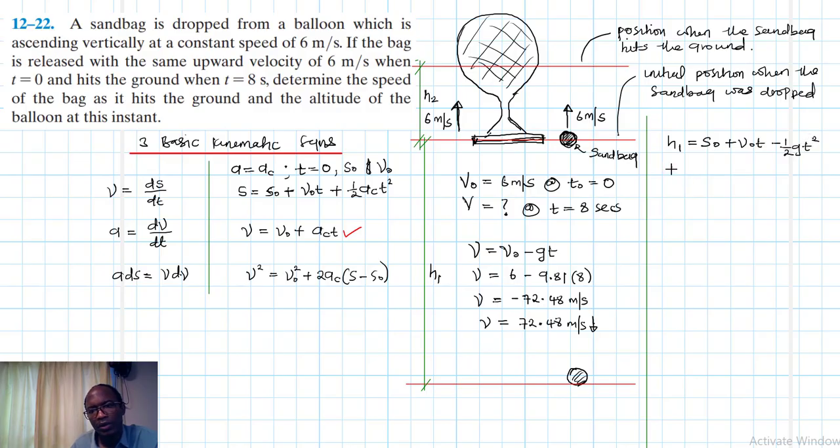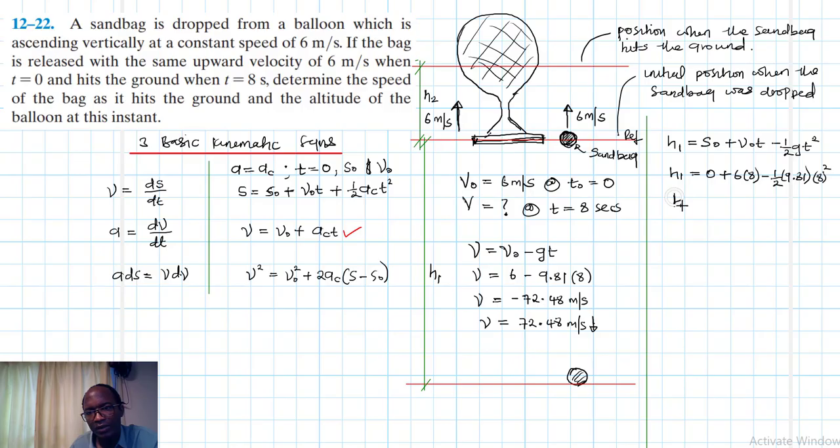So H1 therefore will be equal to S naught, this is our reference, so this becomes 0. V naught is given to us, it is 6. The time is 8, minus half by 9.81 by 8 squared.